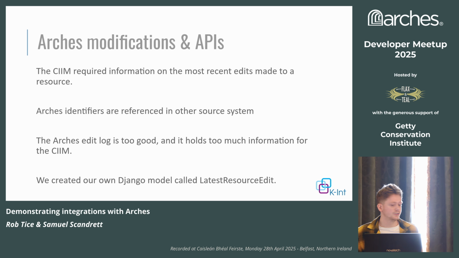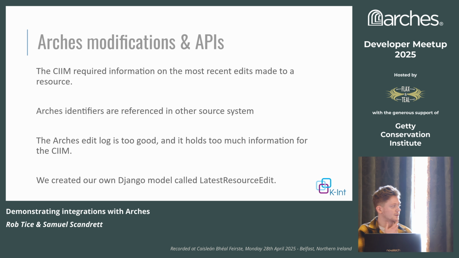In order to work with Sim, it needs to be populated with what Arches sees, and whenever changes are made to Arches. We first started looking at this because we needed two APIs and some core changes. Sim needs to look at the most recent edits.